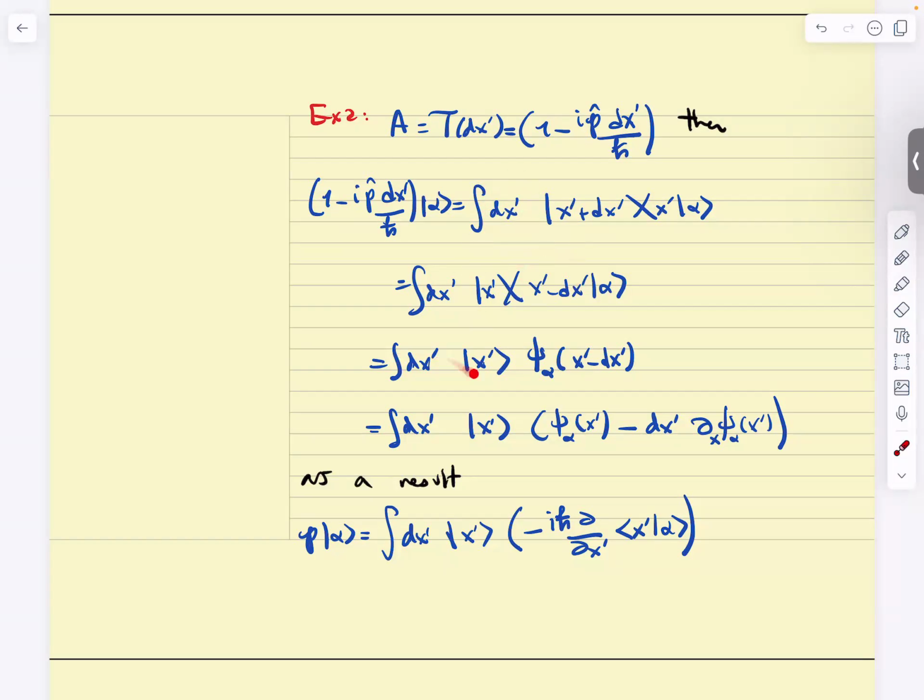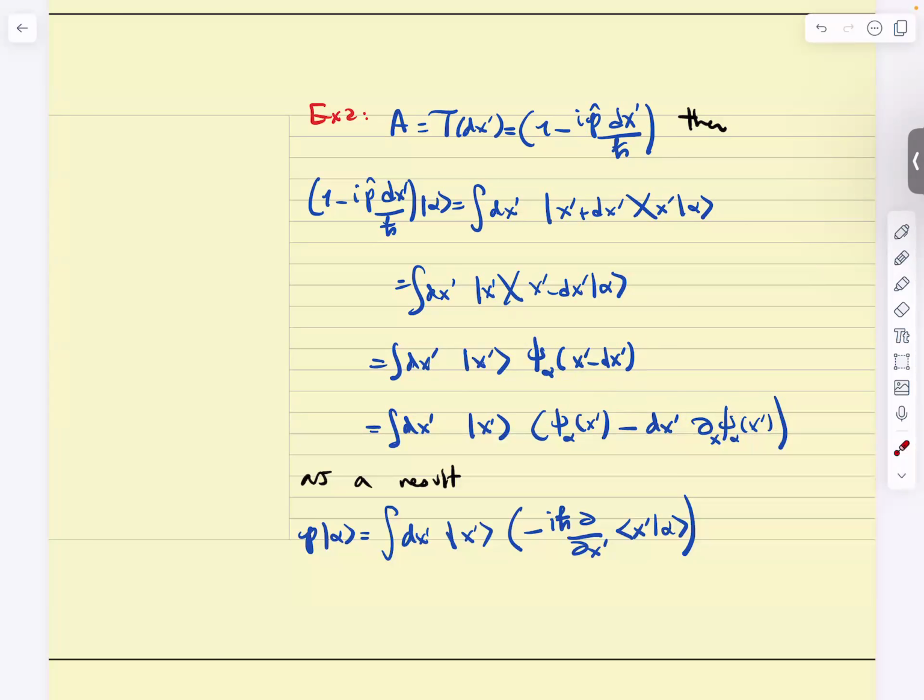This gives the integral of dx prime, x prime, times the wave function of ket alpha at a shifted position. Now, this is just a function. I can Taylor expand it, so I get psi alpha of x prime minus dx prime del x of psi alpha of x prime.